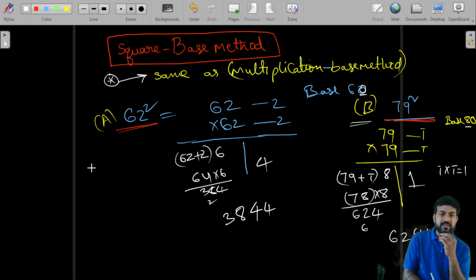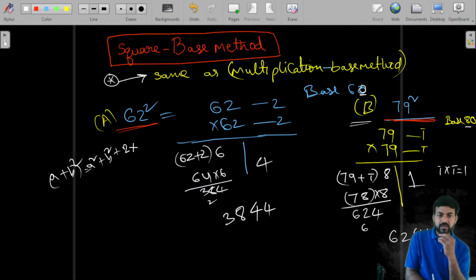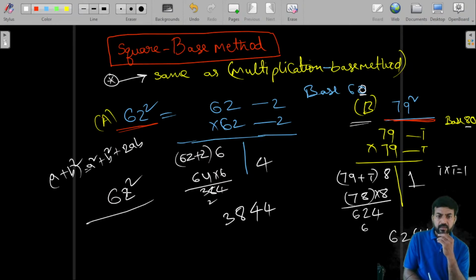We have two methods. I have explained the a plus b whole square format: a square plus b square plus 2ab. That means 62 square. If you treat 2 as b and 6 as a, a square means 36, b square means 04, and the multiplication 2ab, 2 into a into b, 2 into 6 into 2, is 24.